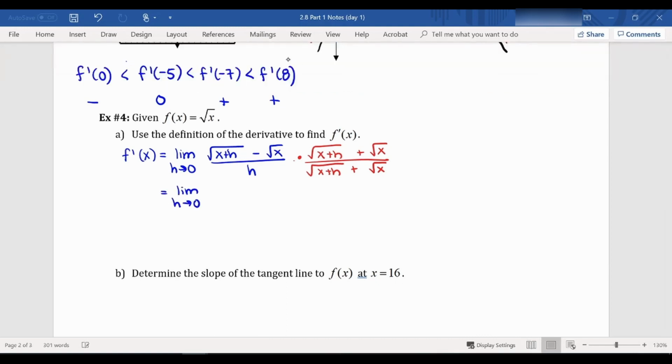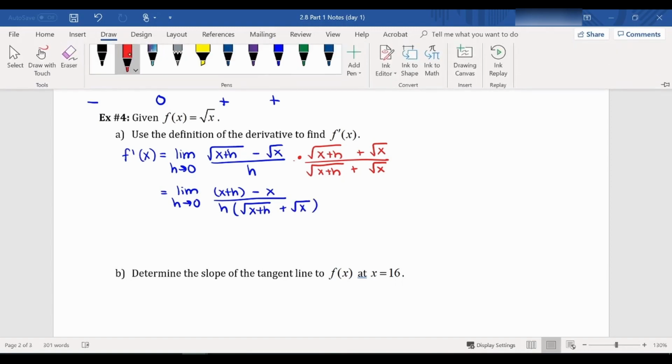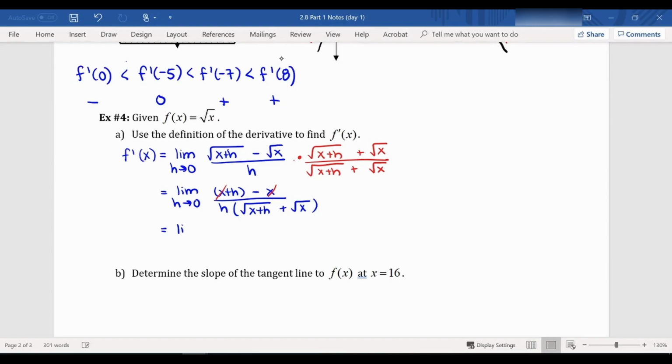so that we're not changing the value of our limit. So then if I expand the top out, I get x plus h minus x. On the bottom, do not expand that out. It's going to make it worse. Just leave it as h times the conjugate. Then on the top, we can see we end up with x minus x. So on the top, we just have an h.